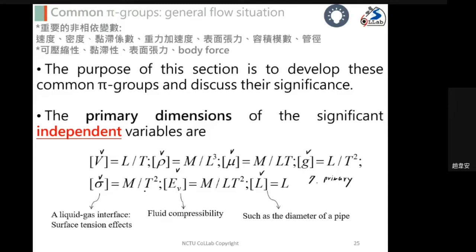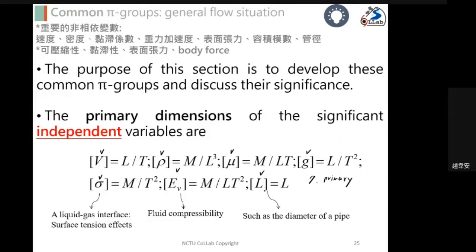You can see the surface tension is very important for conditions with a liquid-gas interface. And the bulk modulus is important because of the definition of fluid compressibility.